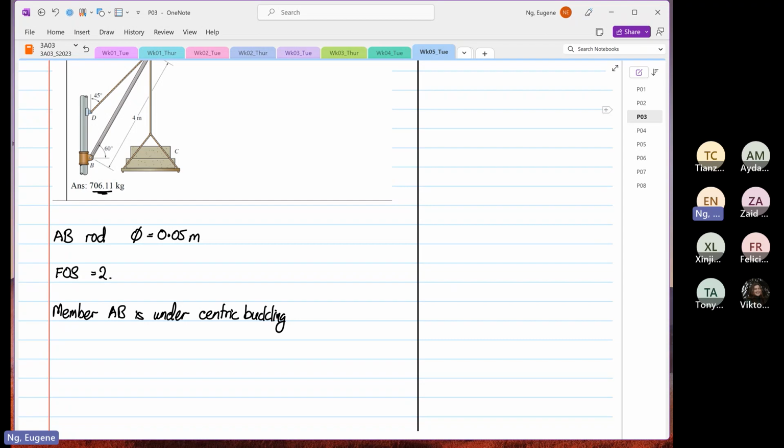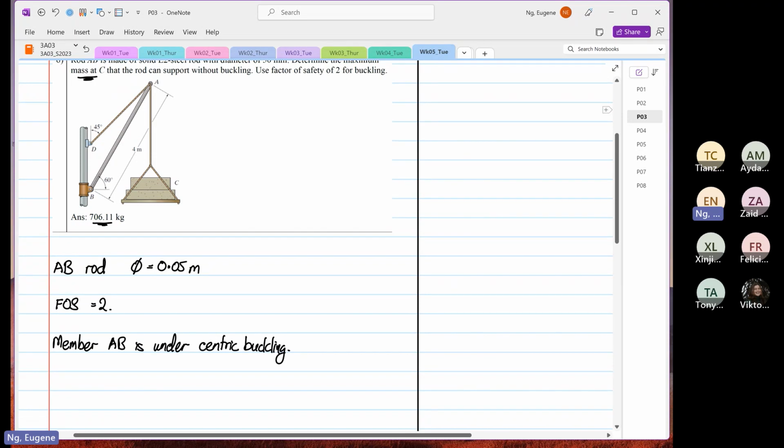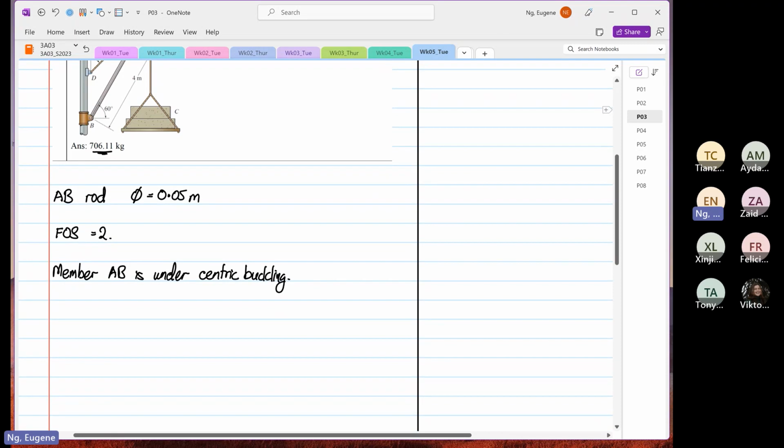Okay, we know that it is under centric buckling. Right. So the next thing we look at, we are not asked to do anything about AD or AC. Okay. So now we have to look at what formula to use.